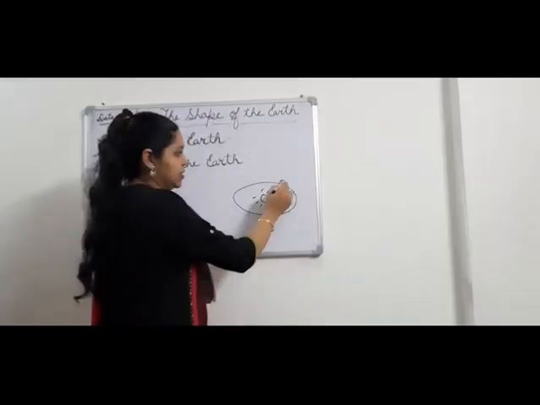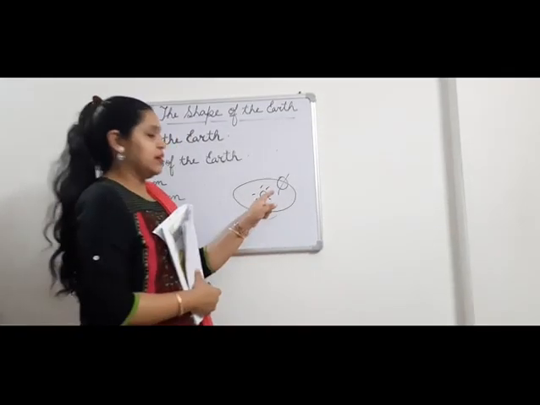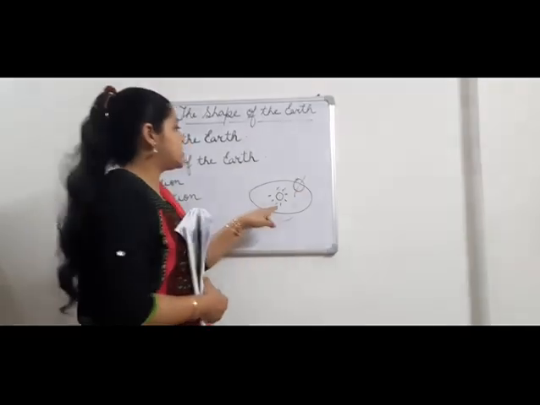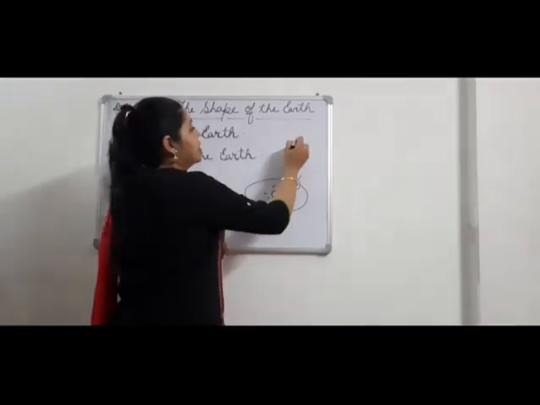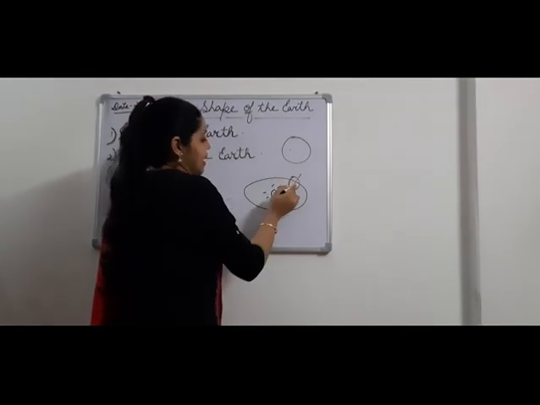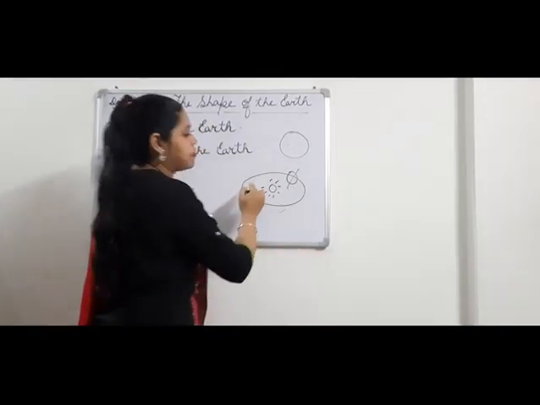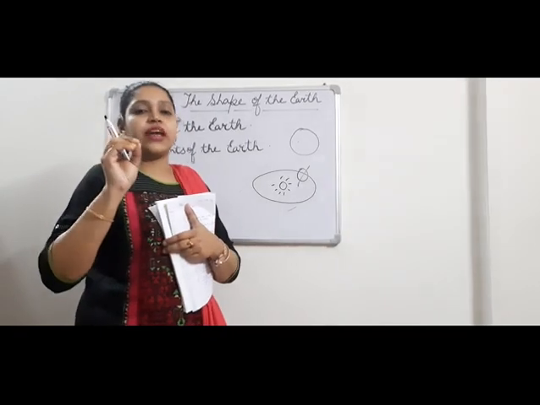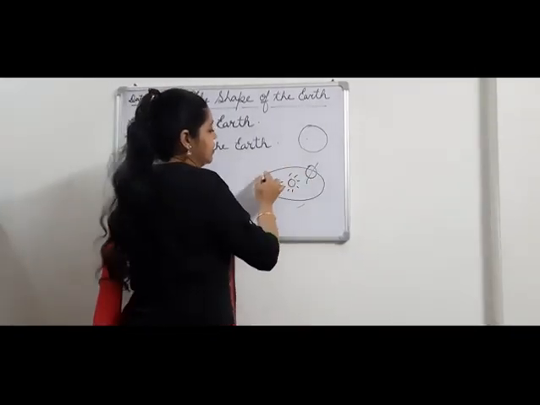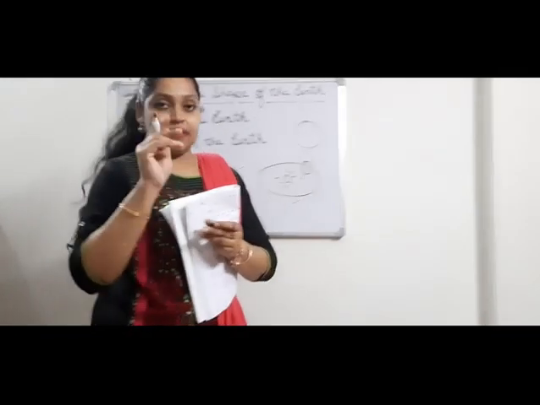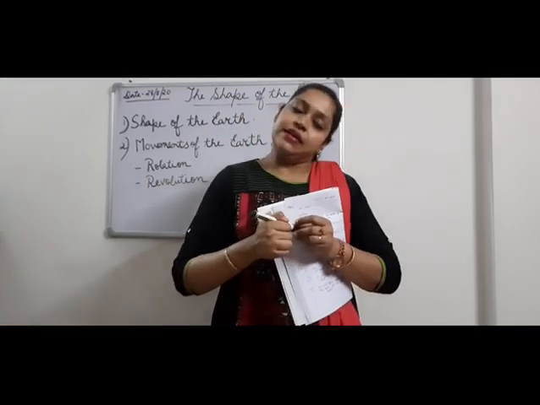Suppose this is the earth, and the earth, which is a planet, goes around the sun not in a circle but in the shape of an egg, an ellipse. It goes around the sun in the shape of an ellipse. This is what Johannes Kepler discovered.